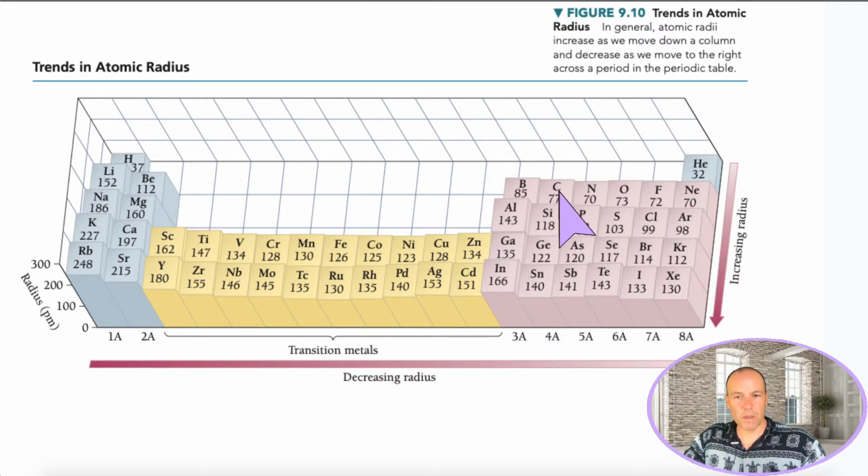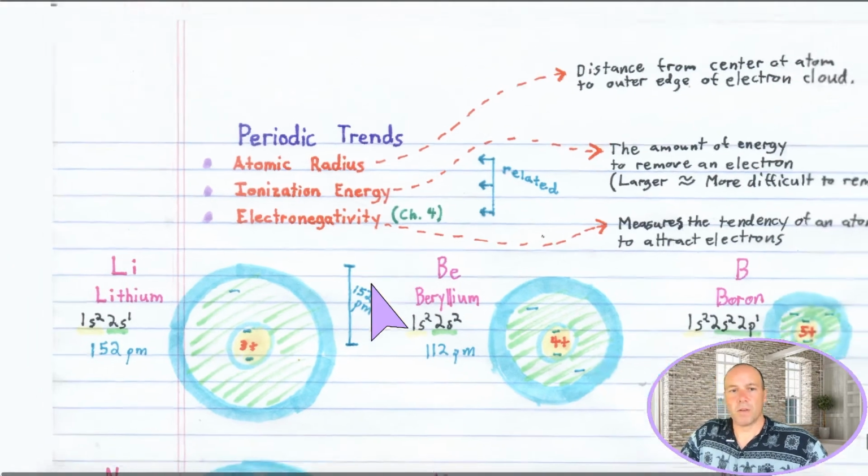I thought carbon was element number 6 and boron's element number 5. I would think as you go further along in the atomic number, the atoms would get bigger. You're talking about more protons, more neutrons, and more electrons. So why does the radius actually get smaller, as we can see here? Well, there's a very good reason for that, and let's discuss this a little bit further in the notes.